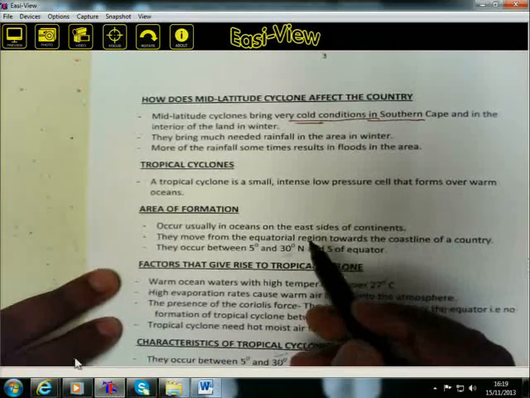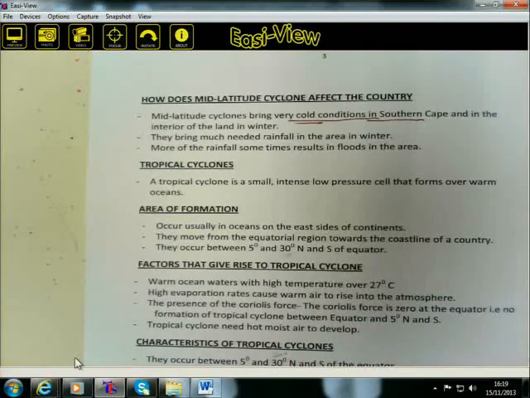Number two, the mid-latitude cyclones in winter bring a much needed rainfall in the area.